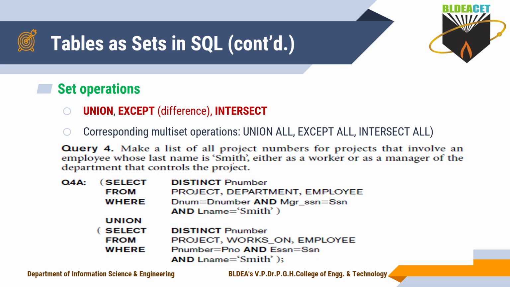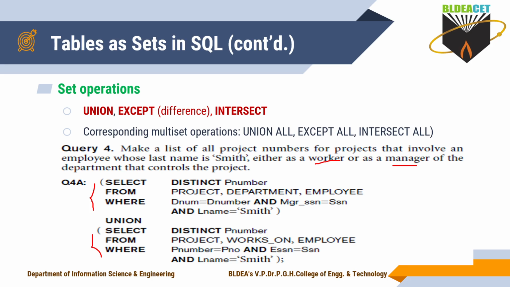That Smith may be the manager who controls the project, or may be a worker who works for that particular project. So for writing queries, if you want to retrieve information, which statement do you use? That is select, from, where. Now here, Smith may be either a worker or a manager, so I have to write two queries here.